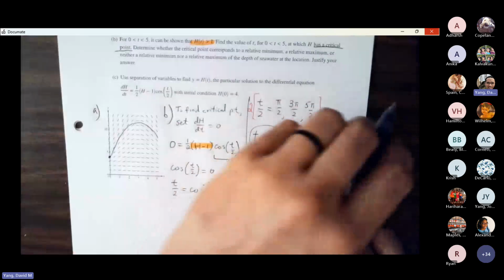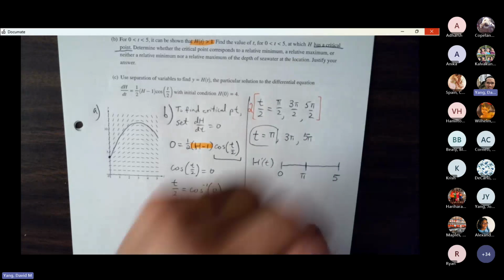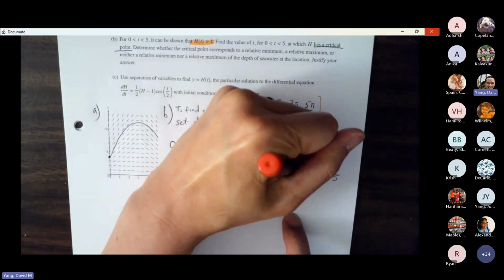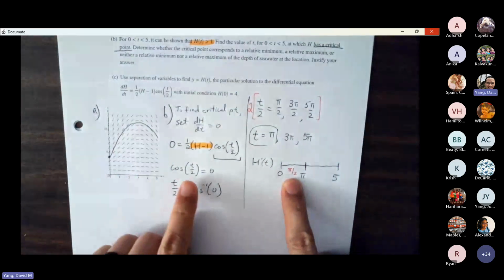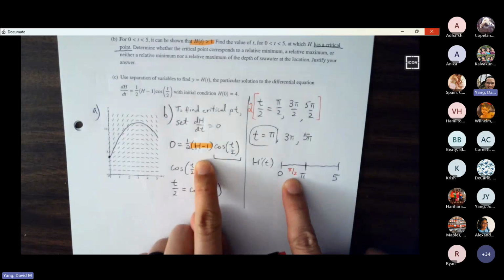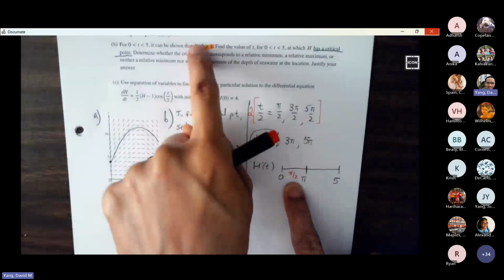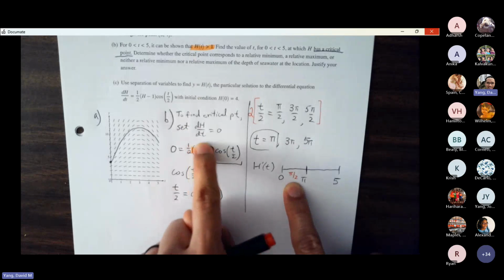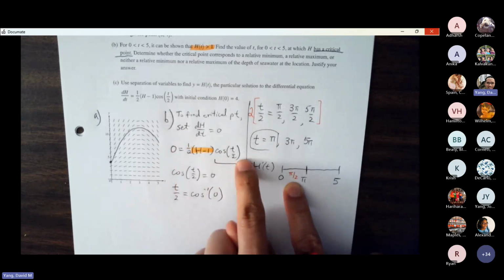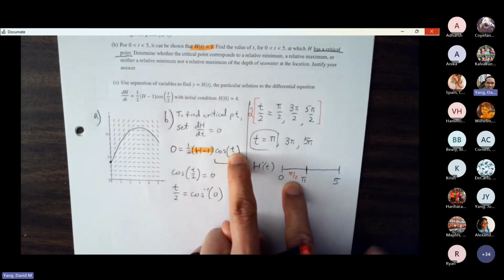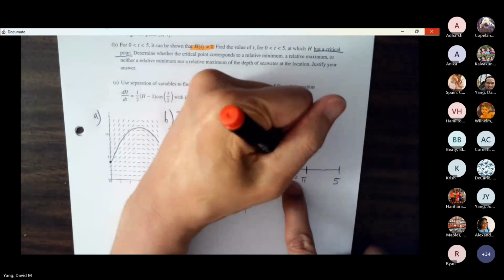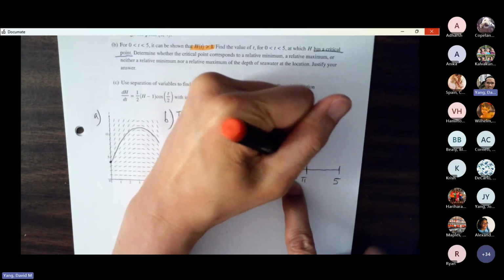An easy value between 0 and pi would be pi over 2. If I insert pi over 2 for t, no need to worry about h because we know h is always going to be greater than 1, so that always gives us a positive value. If I plug pi over 2 in for t, I get cosine of pi over 4. Cosine of pi over 4 is definitely positive, so we know this interval is rising.